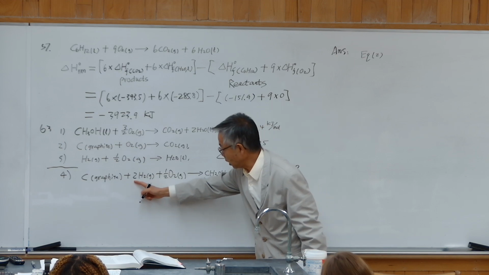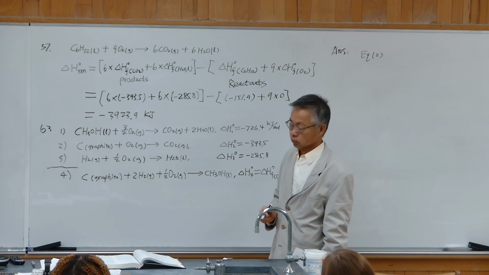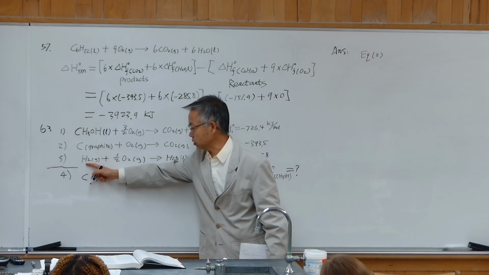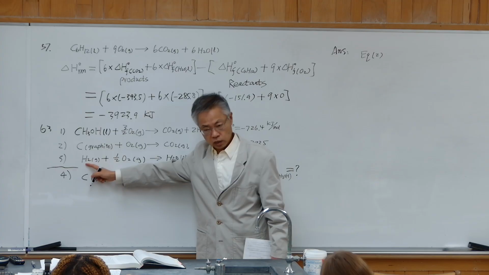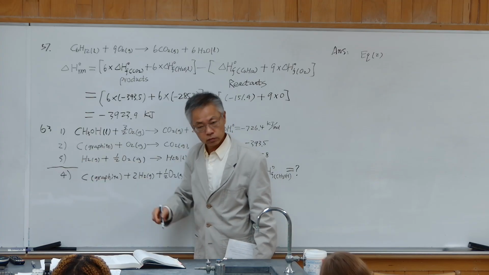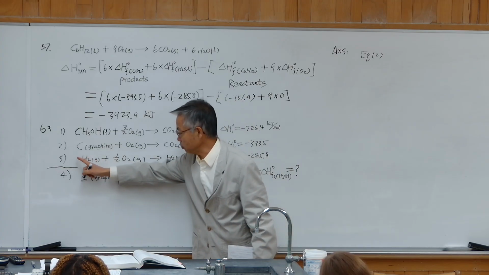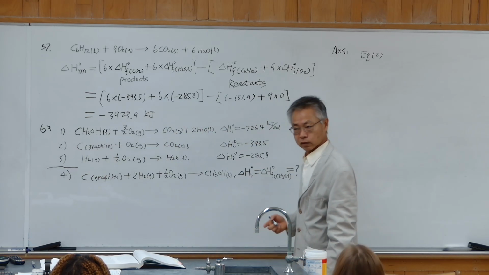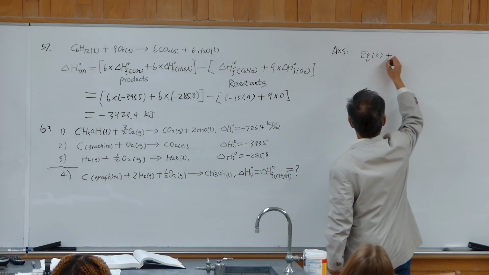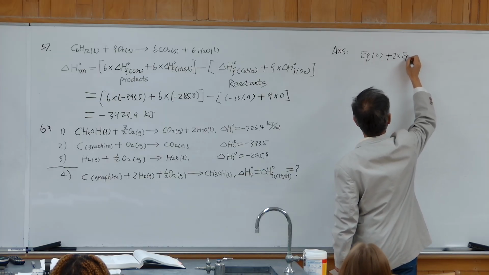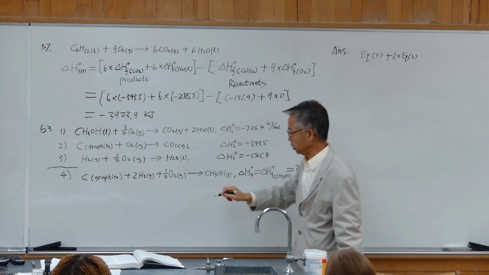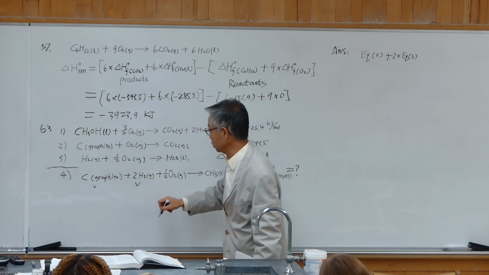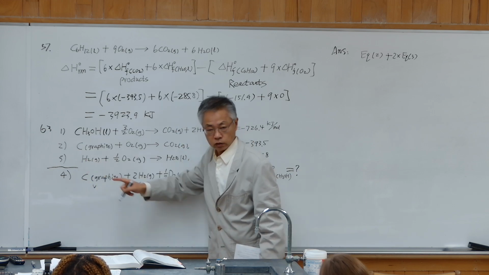Then we need 2 hydrogen. Which equation has hydrogen gas? Clearly equation 3. But equation 3 has only 1 hydrogen, so multiply by 2. The number in front, we can multiply: 1 mole becomes 2 moles or 3 moles. So we need 2 times equation 3. Then we have 2 hydrogen, 1 carbon from reaction 2, and hydrogen from equation 3 multiplied by 2.